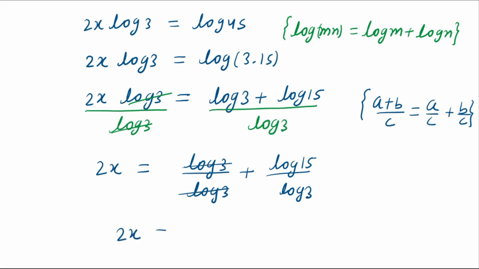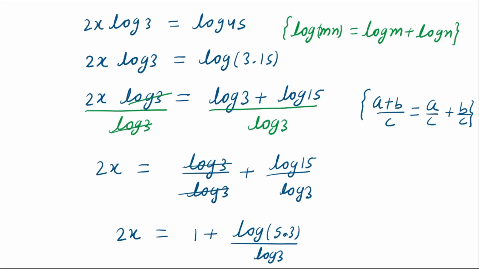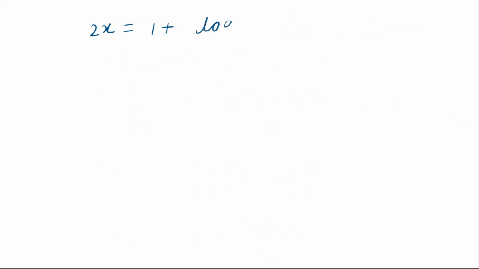Then 2x is equal to 1 plus log 15 over log 3, where 15 is the same as 5 times 3. Then on the left hand side 2x is equal to 1 plus log of 5 times 3. Here we will apply the rule again, then you can say log 5 plus log 3 divided by log 3.